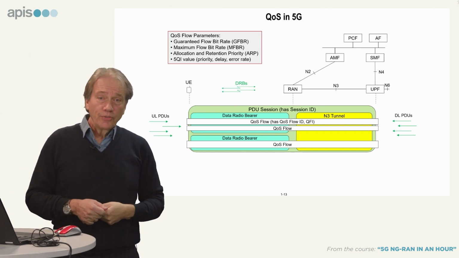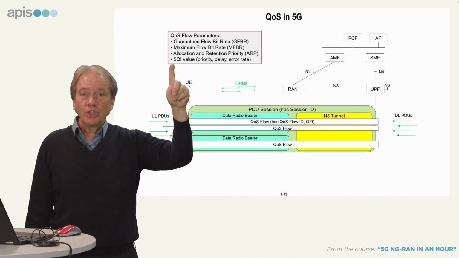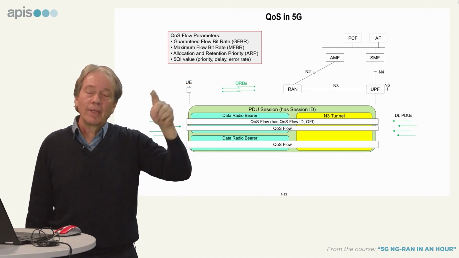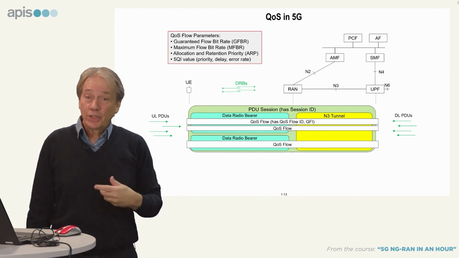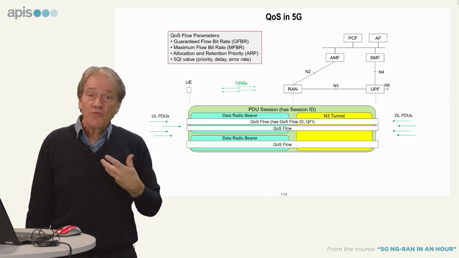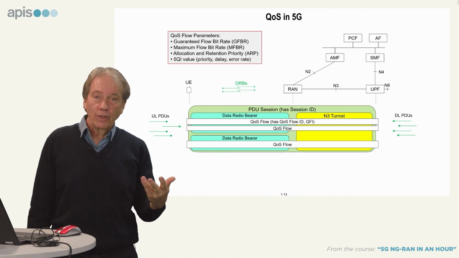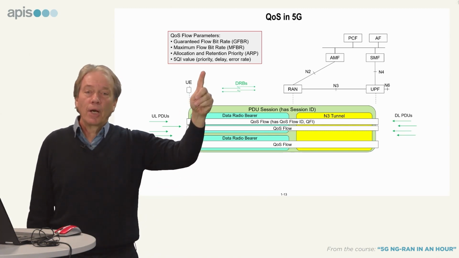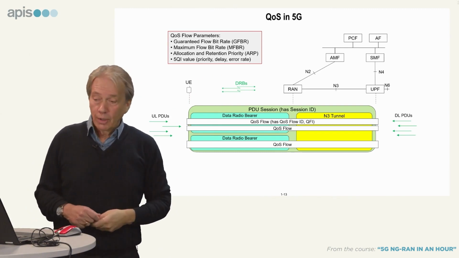And each QoS flow is also associated with a so-called 5QI value, 5G QoS identifier, which I will show you on the next slide. This value is a pointer or a reference to things like priority, delay, and error tolerance.